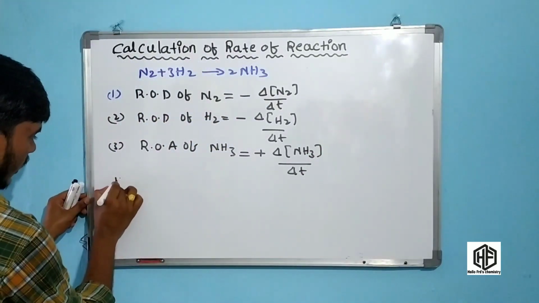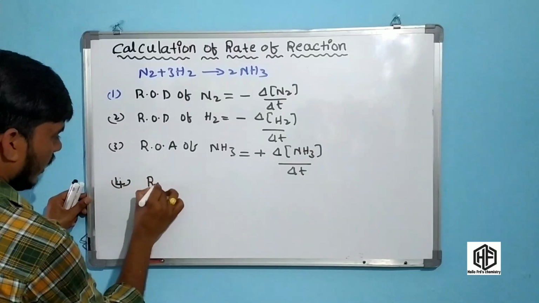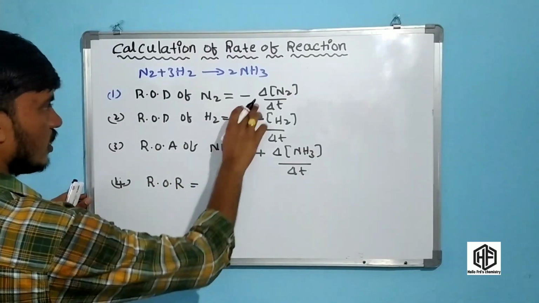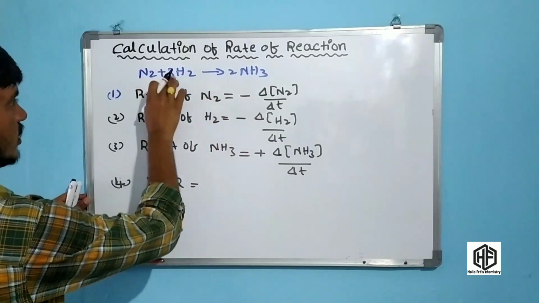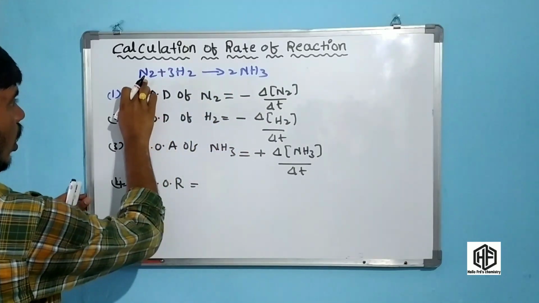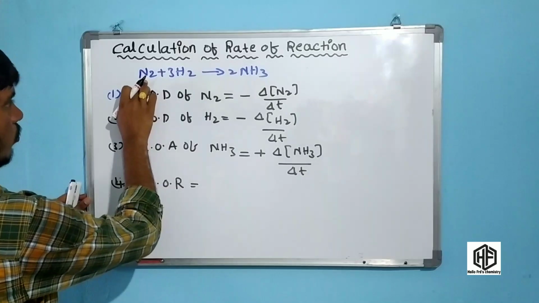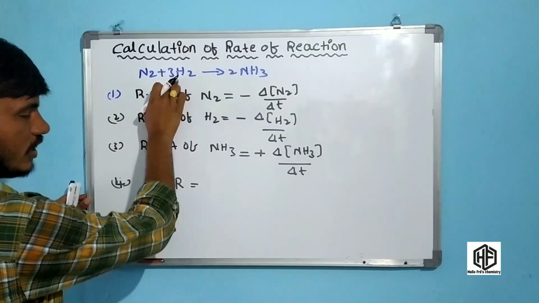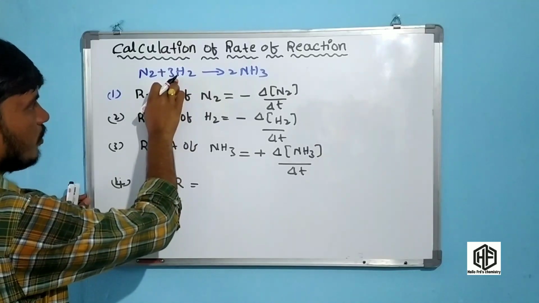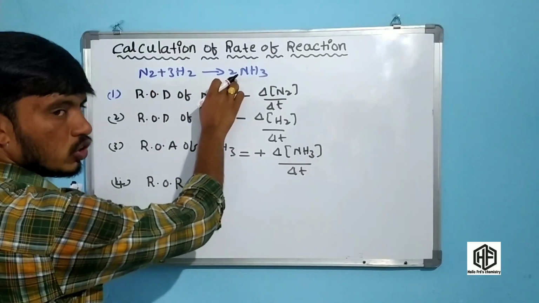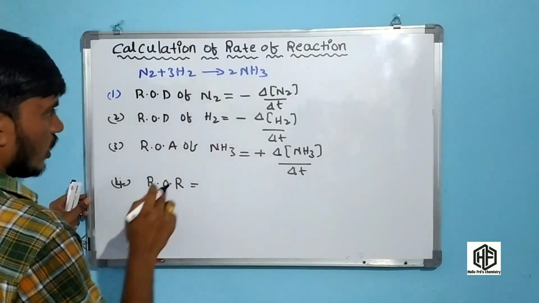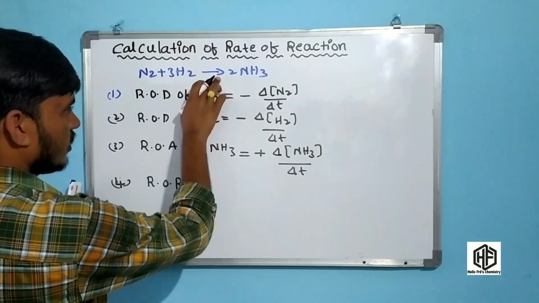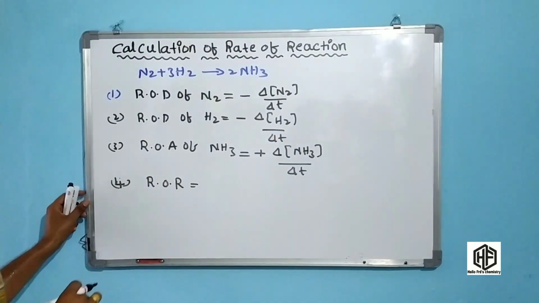Now we have to calculate the rate of reaction. What happens, friends? The stoichiometric coefficients are involved in this reaction: 1 mole of disappearance of N2, 3 moles of disappearance of H2, and the formation of 2 moles of NH3.